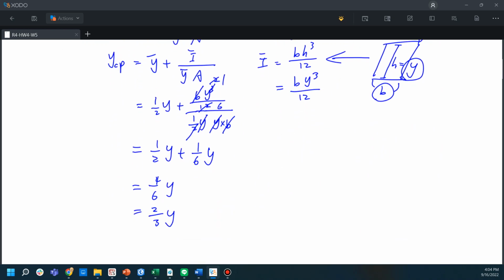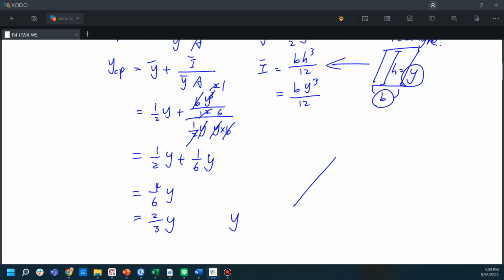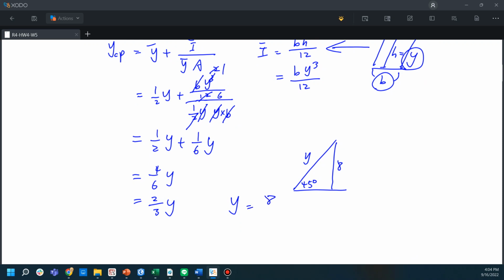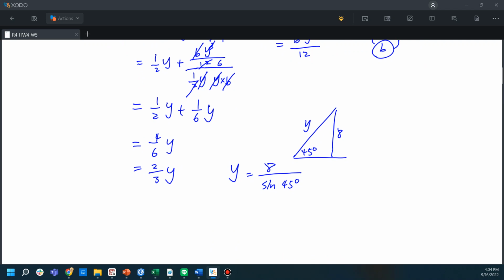So again, we know that Y sine 45 and the depth is equal to 8. So Y is equal to 8 divided by sine 45 degrees. So YCP is equal to 2/3 Y, which is 2/3 times 8 divided by sine 45 degrees.